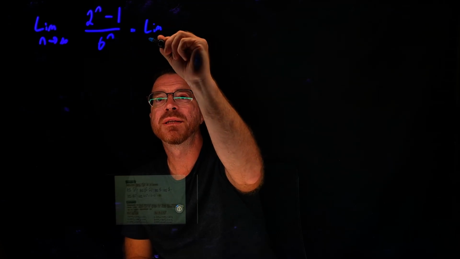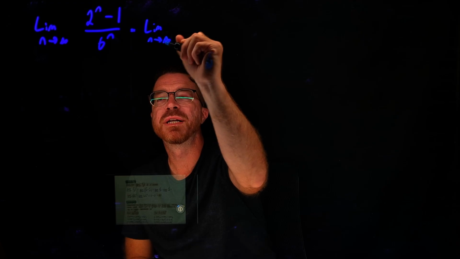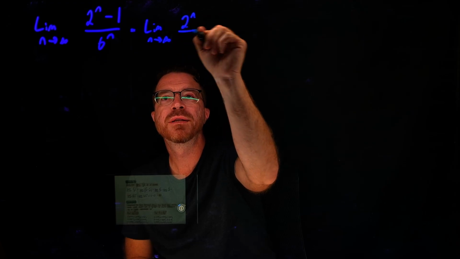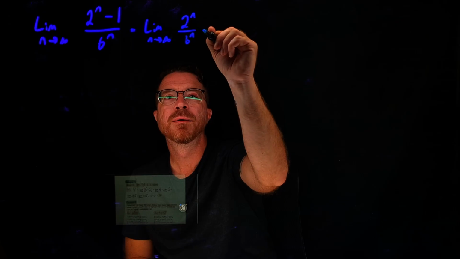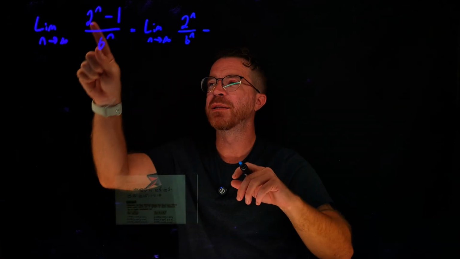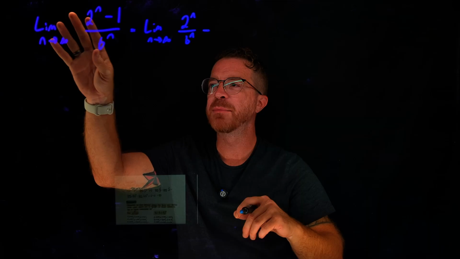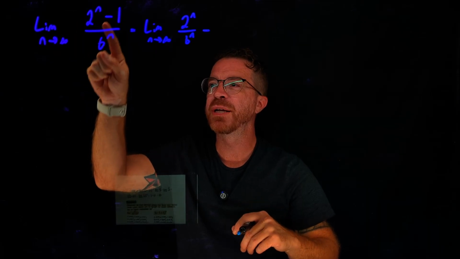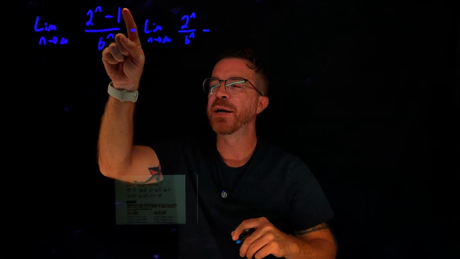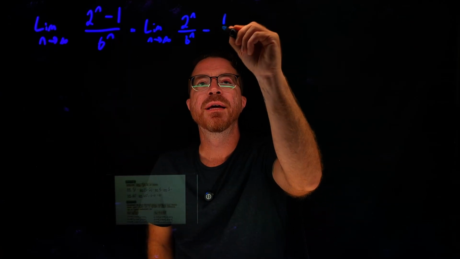So this is going to be the limit as n approaches infinity, 2 to the nth over 6 to the nth, minus 1 over 6 to the nth. What I'm doing is taking the limit of the whole thing, splitting this into 2 to the nth over 6 to the nth, minus 1 over 6 to the nth.